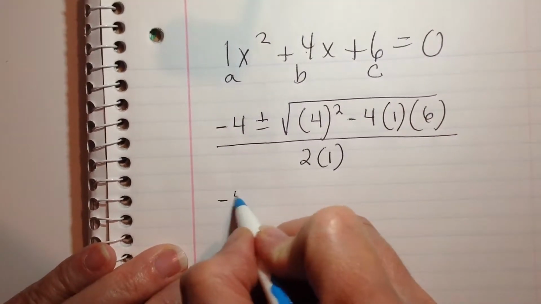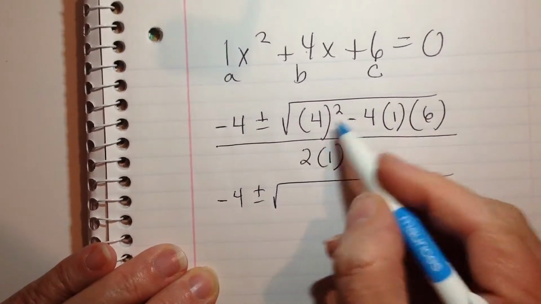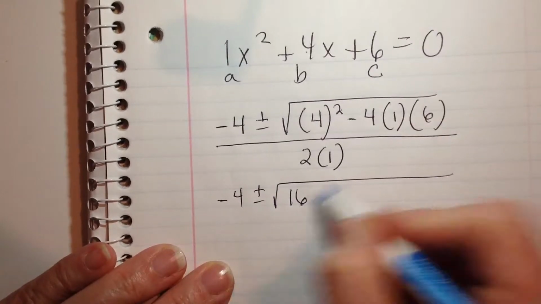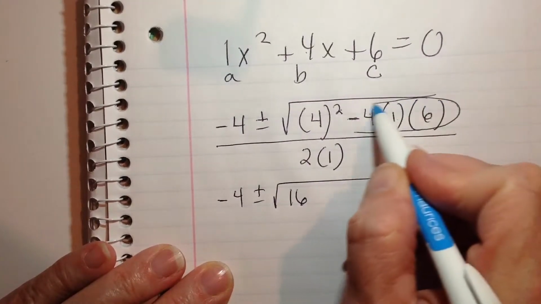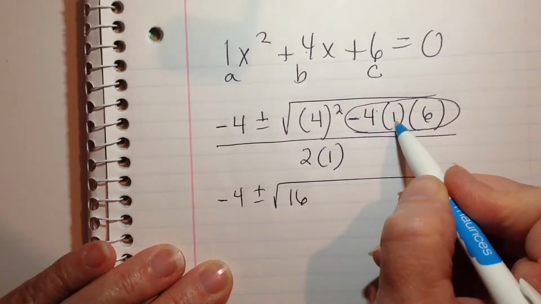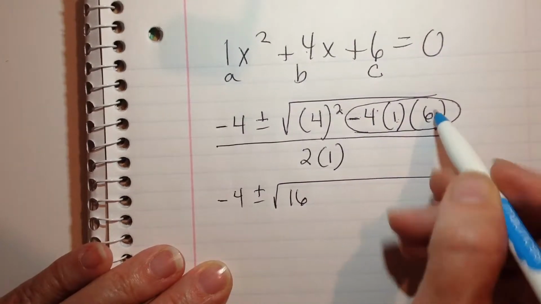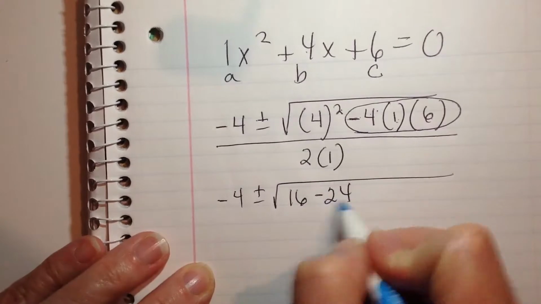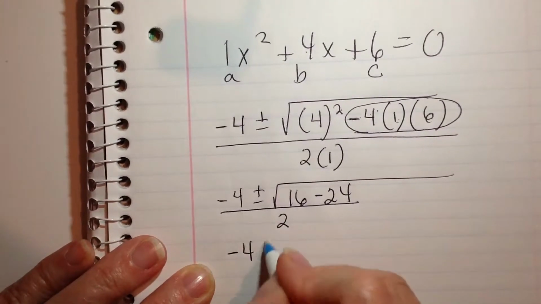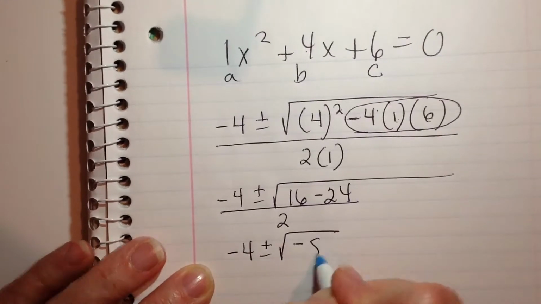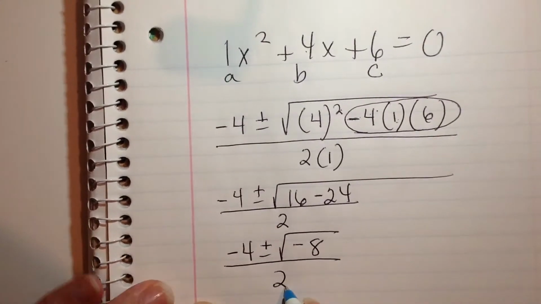So I have negative 4 plus or minus the square root of 4 squared, which is 16. Now this negative 4ac, multiply all that together. Negative 4 times 1 is negative 4, times 6 is negative 24, divided by 2. So we end up with negative 4 plus or minus the square root of negative 8, divided by 2.